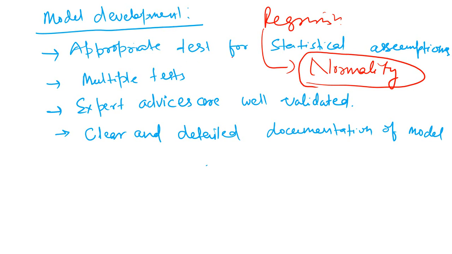Now, one should use a proper statistical test for that. Just building a model is not going to work till you test all the assumptions used in the theory, and that could be multiple tests.